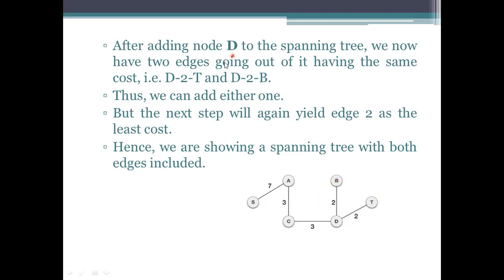We have three such edges which form the cycle by using B. That is, B has three edges here. Four edges have been used by B. And if you use these edges, what happens here? We form a cycle, so we try to avoid these values. If there are any left, we need to see. There is no edge left for processing. So what happens here? We need to specify that this is the final spanning tree for the given graph.